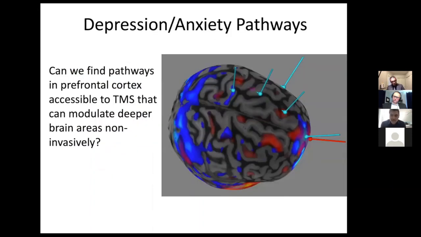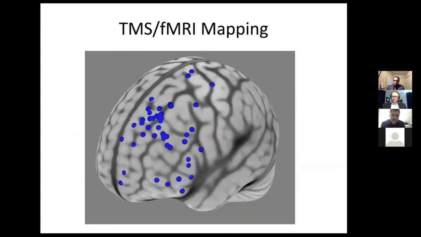So more recently in my lab at Penn, since I've been there, we're trying to find pathways down to subcortical regions that are involved in anxiety and depression. So we use a similar method where we're using, this time, individual fMRI data to guide where we apply TMS, and then we're doing the interleaved TMS-fMRI as the readout to show whether we can actually reach these deeper brain targets.